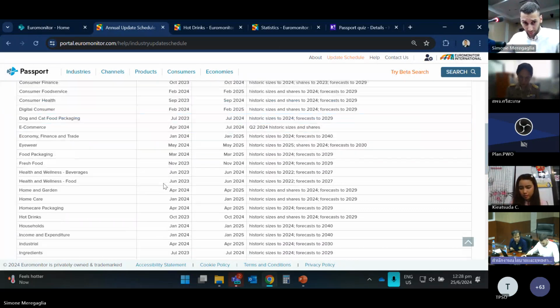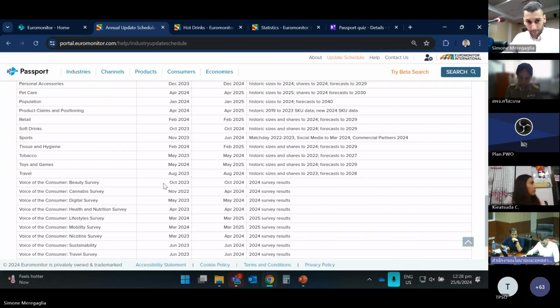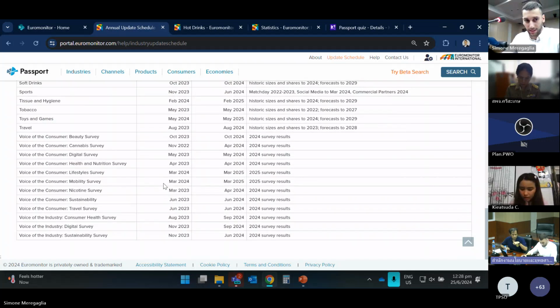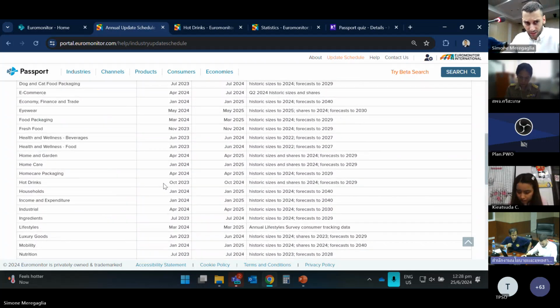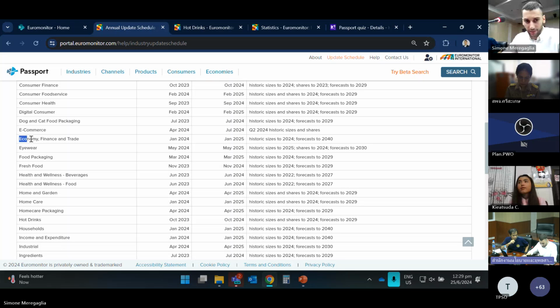But for example, if you were looking at information such as GDP, economy, finance and trade, the whole part of macroeconomic data has been updated in January 2024, so 5 months ago. The next update will be released in January 2025.